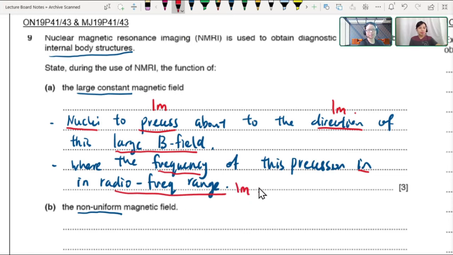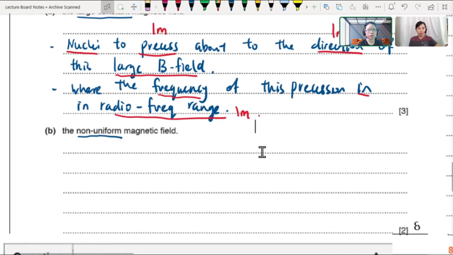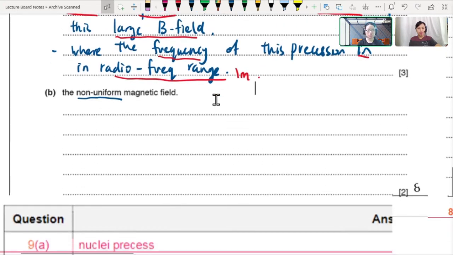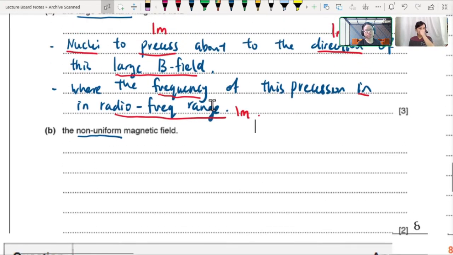Okay, so the large magnetic field is just everybody come align and precess about the direction of the magnetic field. They are all spinning at their own frequency, which is in the radio frequency range. The non-uniform field is the field that enables you to locate the nuclei.